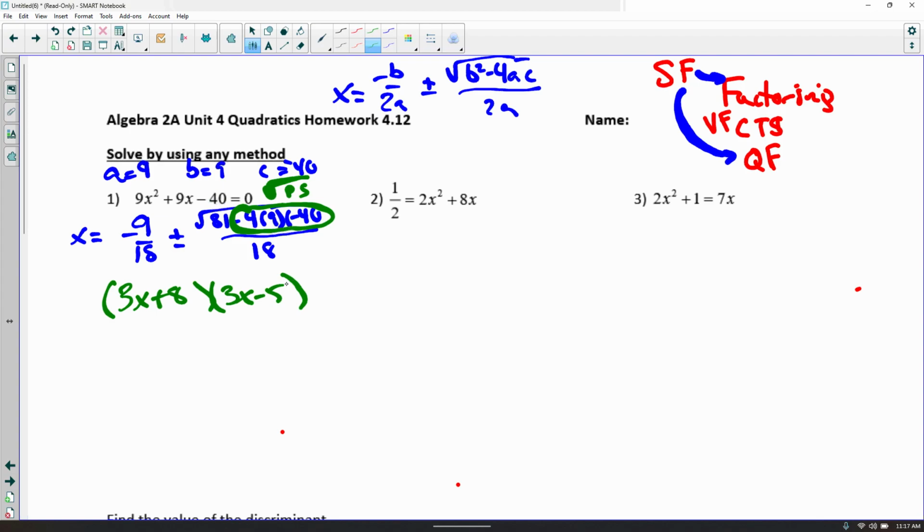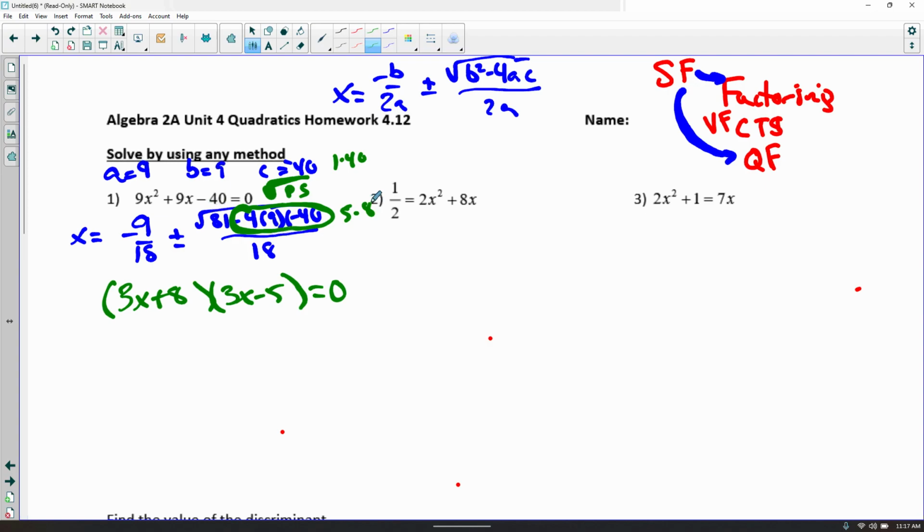That's what Camden did. I saw that on his paper just a minute ago. He went ahead and factored that. Guys, look how fast and easy that is versus trying to do the quadratic formula. Okay? All we did was take 40 and go, 1 times 40 and got all the way down to 5 times 8. Use the 5 and the 8 and the 3 and 3, and it came out.